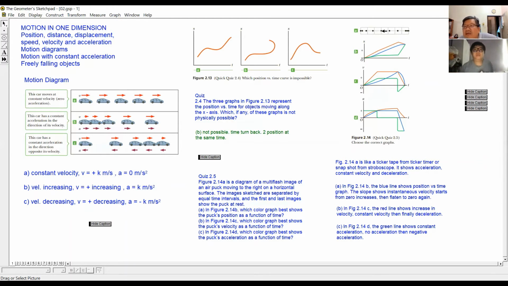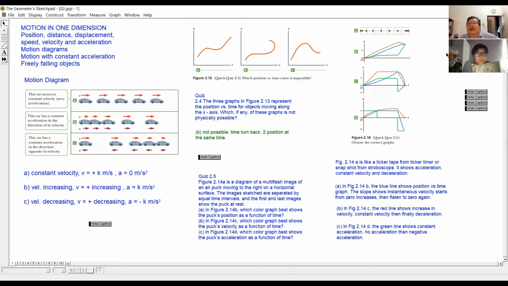Then the same distance, same distance, then they become shorter and shorter. By looking at the positions, what can you say about the motion of the object? It's increasing, then it becomes constant, then it decreases. Yes, very good.